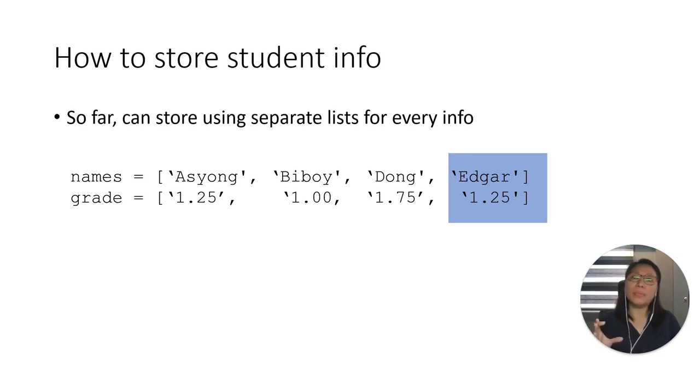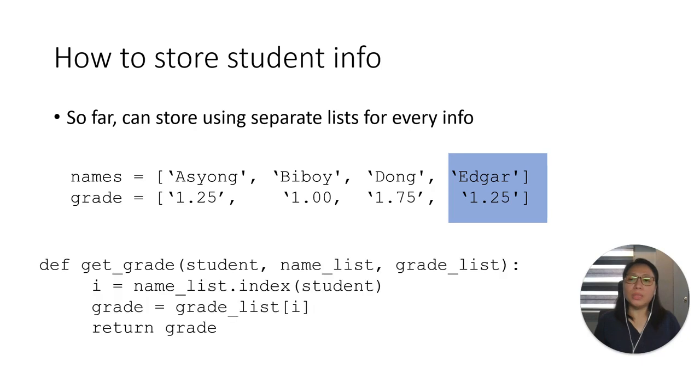Those lists, we should be careful, and it's quite tedious to keep those five lists consistently having the same indices for, let's say, the person Ashong, person B-Boy, and so on.